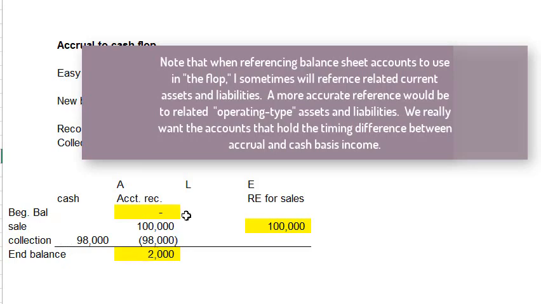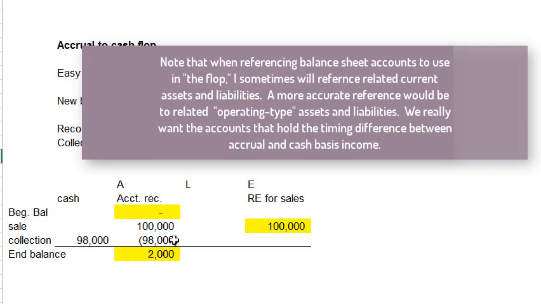So here we see that the change in accounts receivable was an increase of $2,000. To do our accrual to cash flop, we would start with our $100,000 of revenue and we would subtract the increase in accounts receivable of $2,000. And that would give us our solution. Cash collections from customers must have been $98,000.